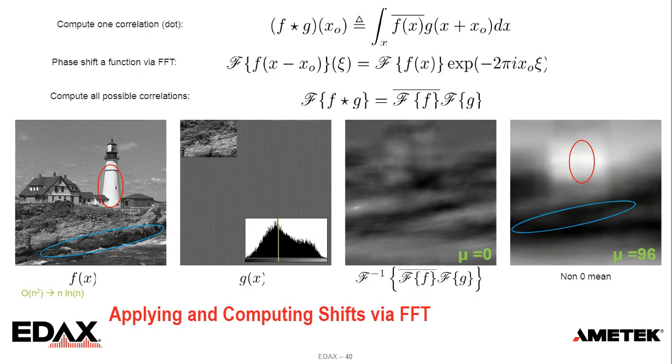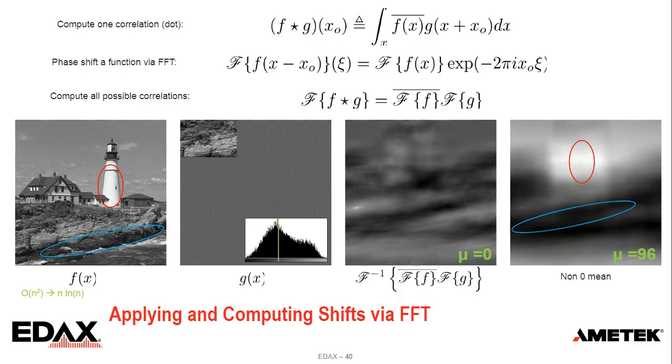And the general idea is you basically take the Fourier transform of your master image, your reference image, and your template, and convolve them by multiplying in frequency domain and then doing the inverse Fourier transform.